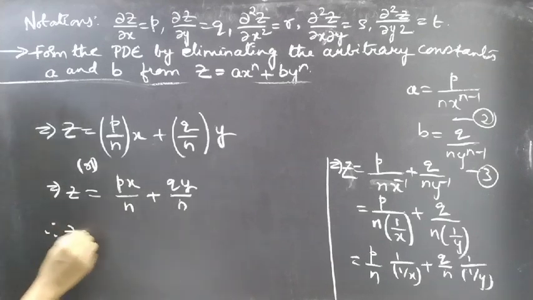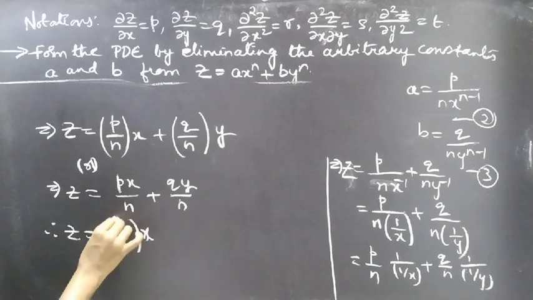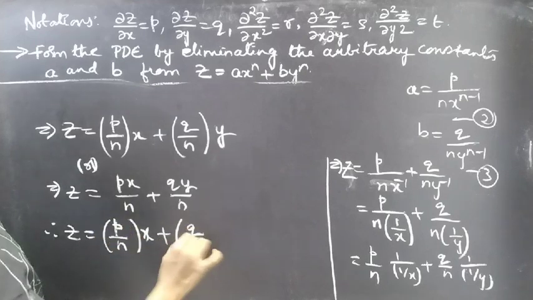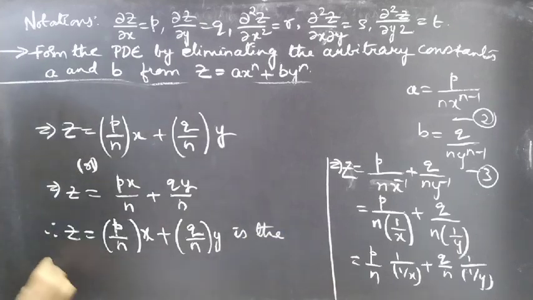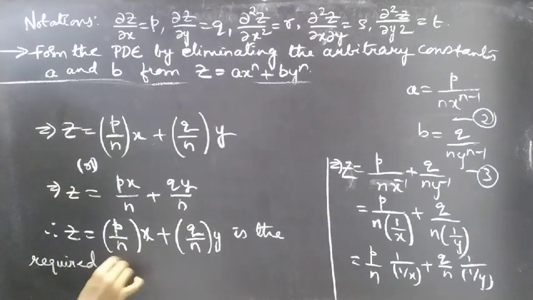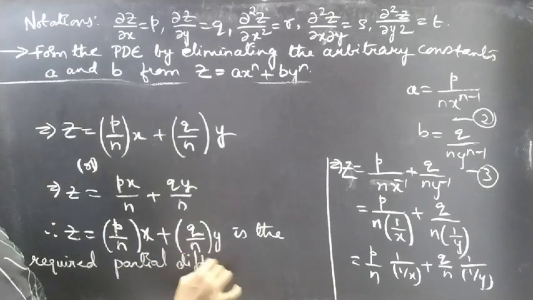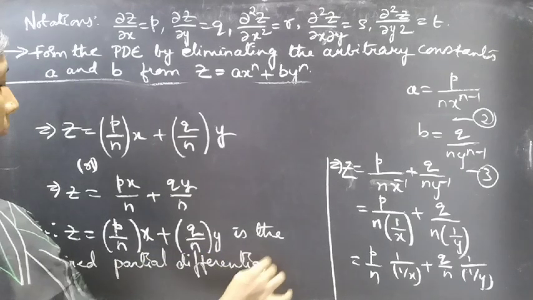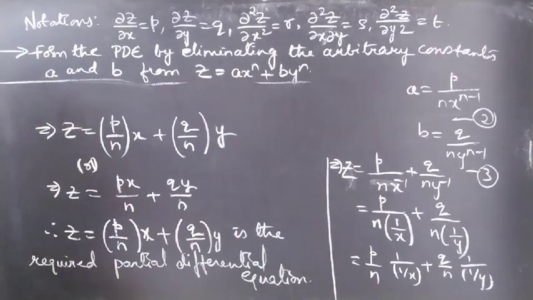Therefore, z equal to p by n into x plus q by n into y is the required partial differential equation. This completes the problem.